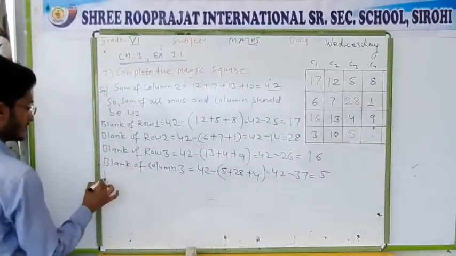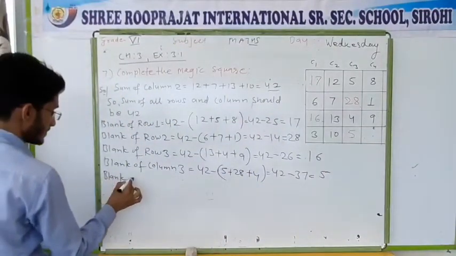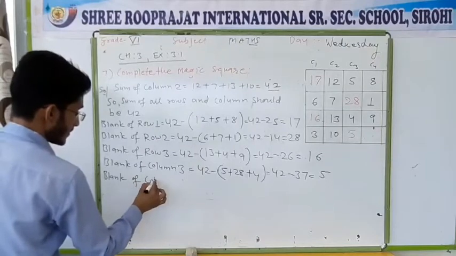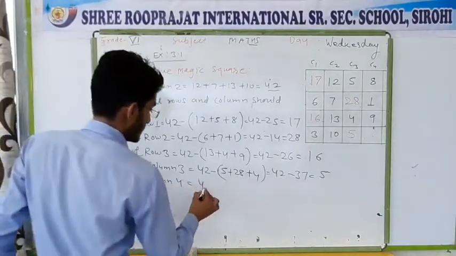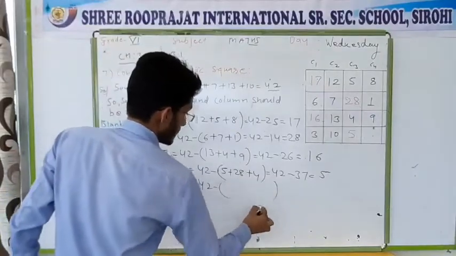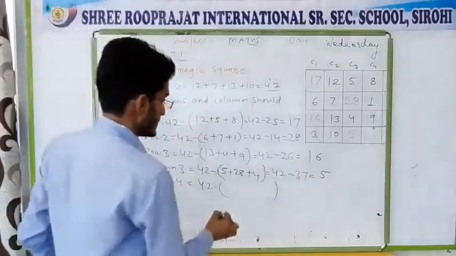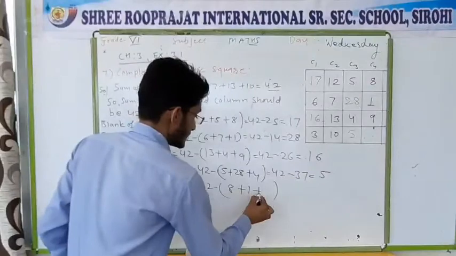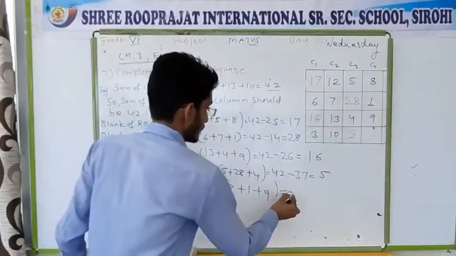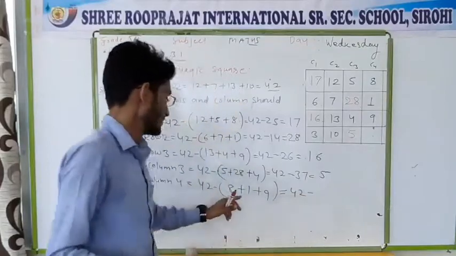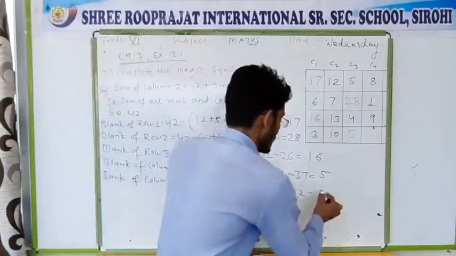And the last one, a blank of column 4. So the total number minus the given numbers 8 plus 1 plus 9. So 8 plus 1 plus 9. So 42 minus 8 plus 1, 9, 9 and 9, 18.